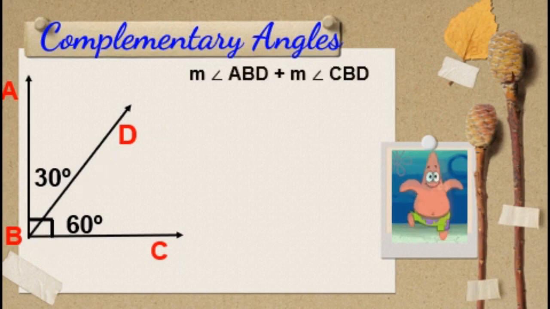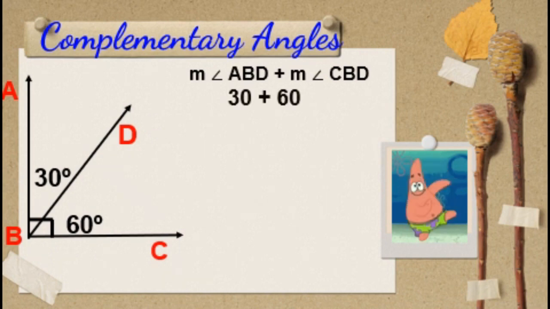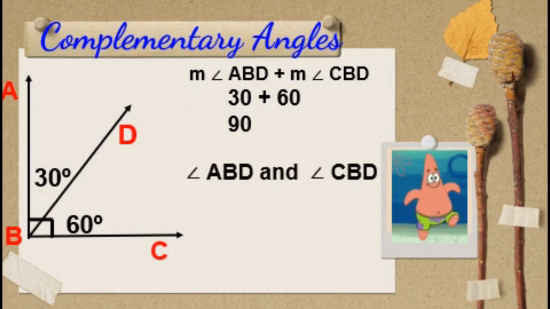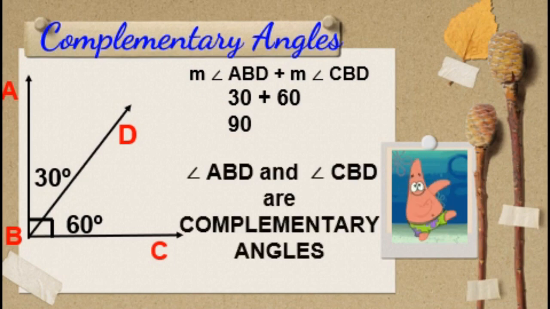Now, the measure of angle ABD is 30 degrees plus the measure of angle CBD is 60 degrees for the total of 90 degrees. So, therefore, angle ABD and angle CBD are complementary angles. We have two angles whose sum is 90 degrees.